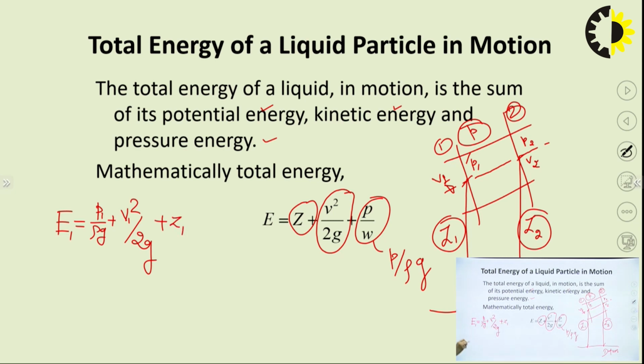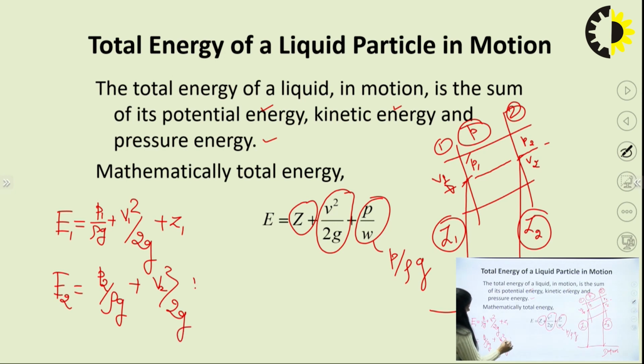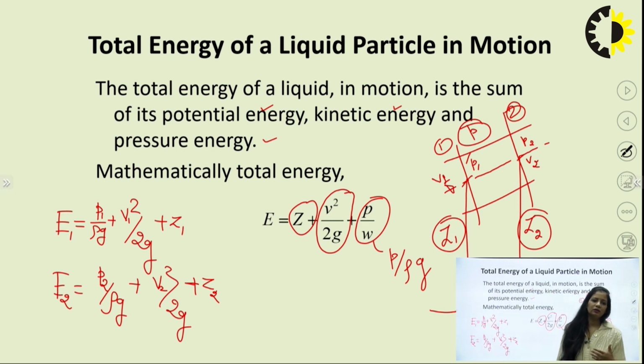In a similar manner, you are going to write the equation for E2 also. This will be equal to P2 by rho g plus V2 square by 2g plus Z2. So we can write the equation for total energy in this way for any section.